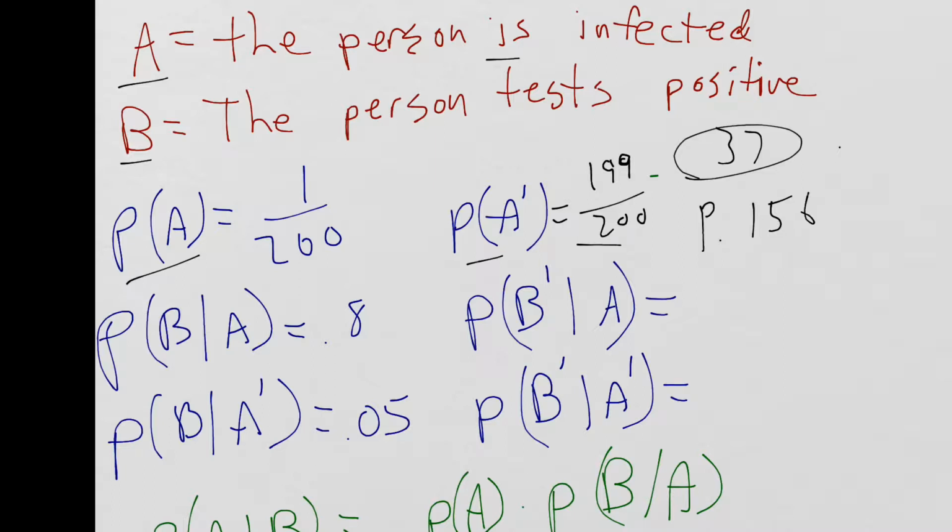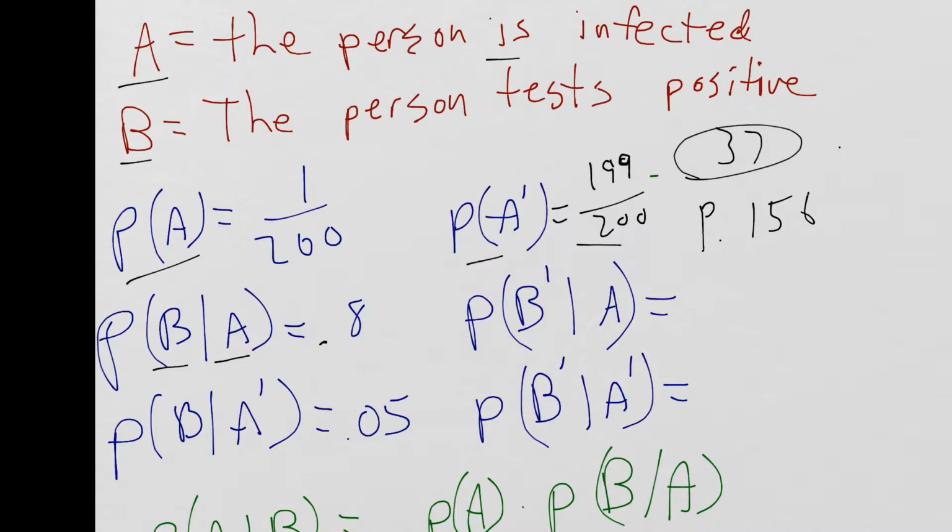The second thing it says is a test used to detect the virus in a person is positive 80% of the time when the person has the virus. So, given they have the virus, do they test positive? According to this test, that's only going to happen 80% of the time.